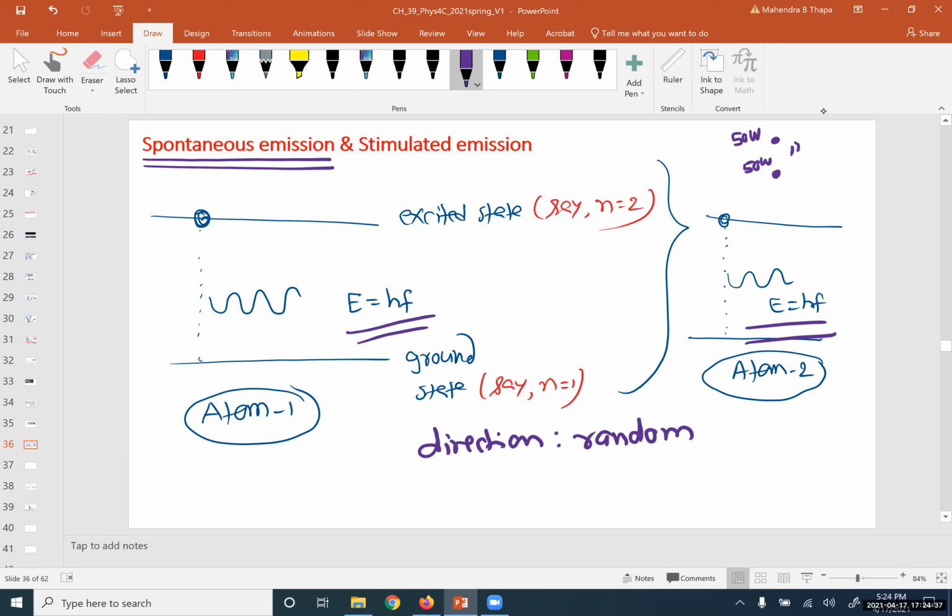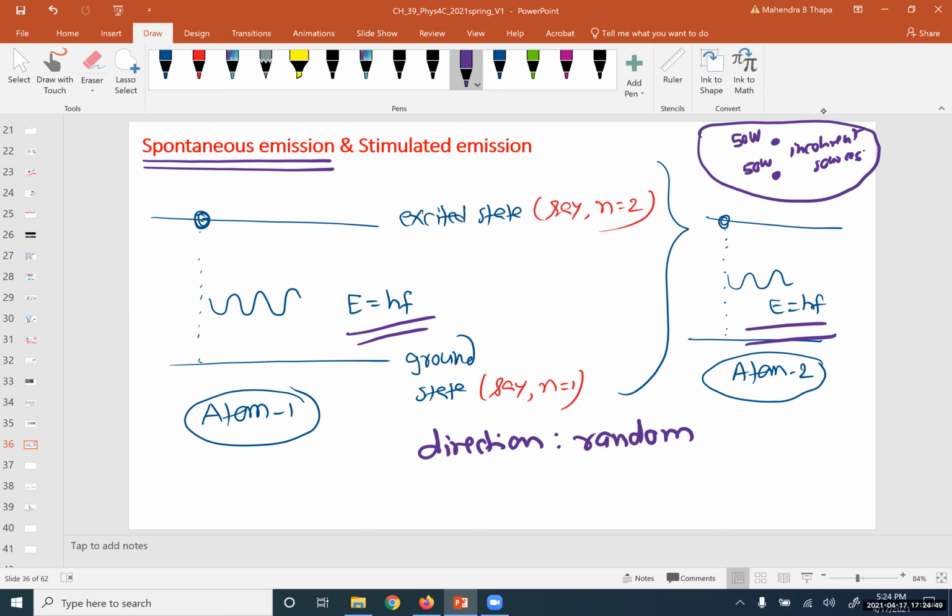They are incoherent sources because they don't emit all light at the same times, even though the photon energy is the same. So there are time lags between emitted photons. They are not emitted at the same time. So there is a time lag or phase difference. This is called spontaneous emission, and the sources are called incoherent sources.